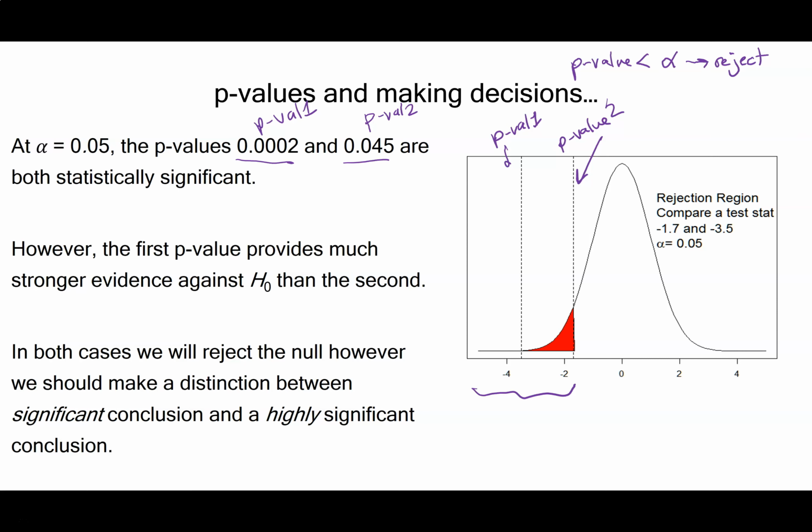So it makes a difference. You don't want to just say, oh, we have a statistically significant difference. Well, what does that mean? That's why we break out very strong or convincing evidence versus just significant. Significant just means it's smaller than your significance level, and the significance level is often fairly arbitrary.